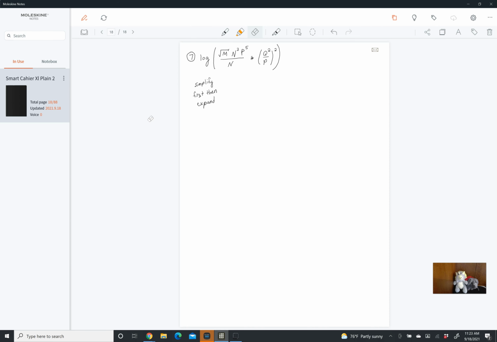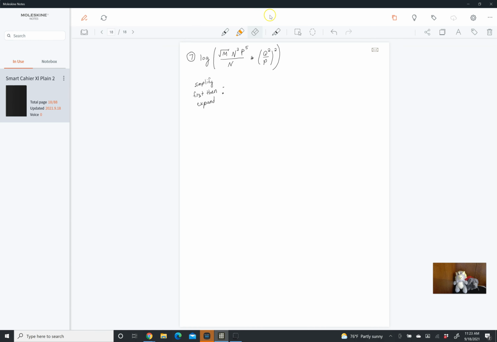So if we simplify first, what we want to do is distribute this 2, okay? And you can do more than one thing at once. We're going to change this radical to an exponent, okay?